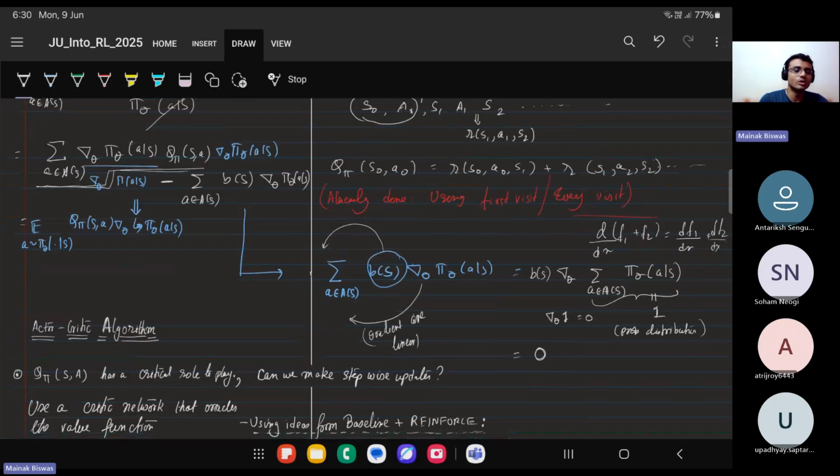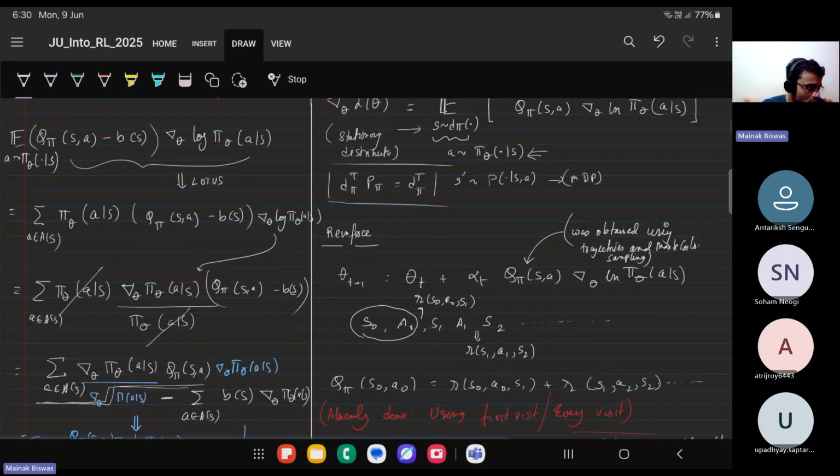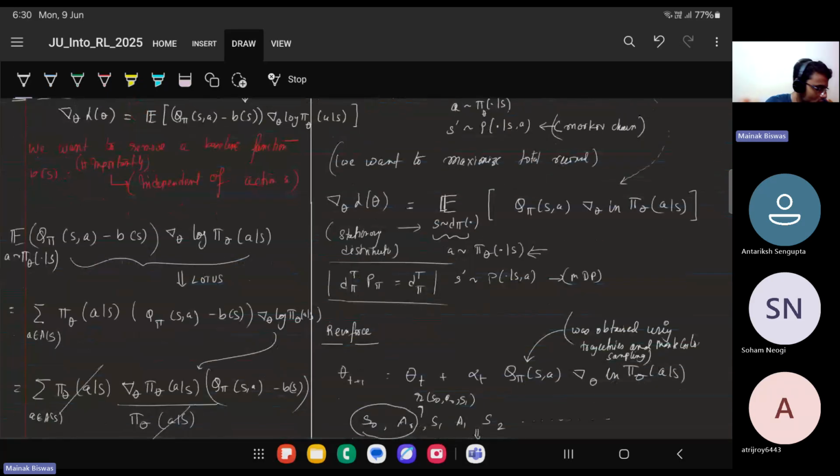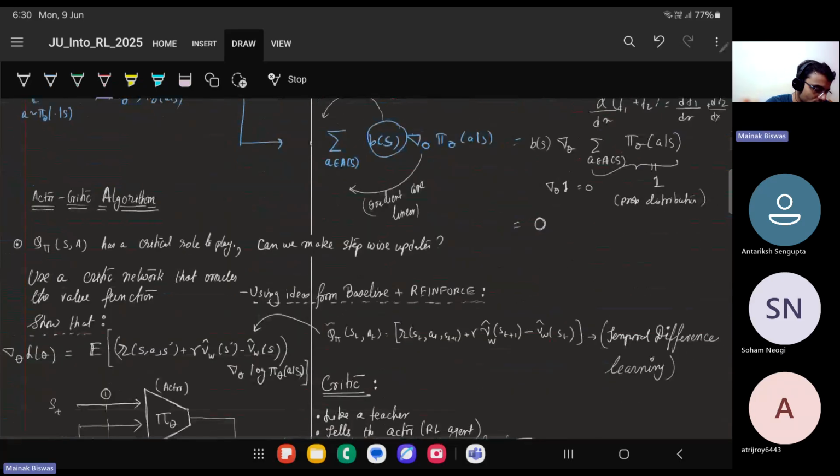Fine. So now we'll try and use this property. First of all, I can remove a baseline from this. REINFORCE with baseline would just be theta t plus 1 equals theta t plus alpha t times (q pi of s comma a minus some reward baseline) times the gradient of log of pi theta of a given s.